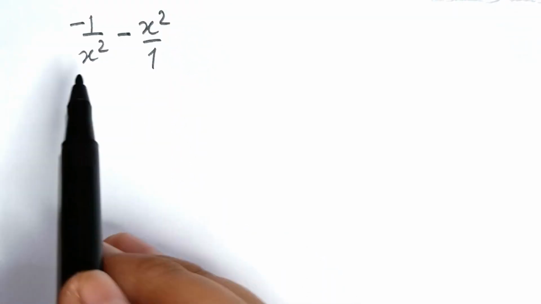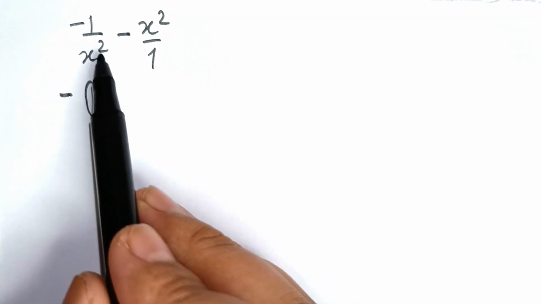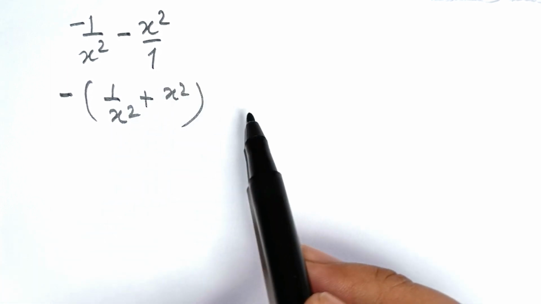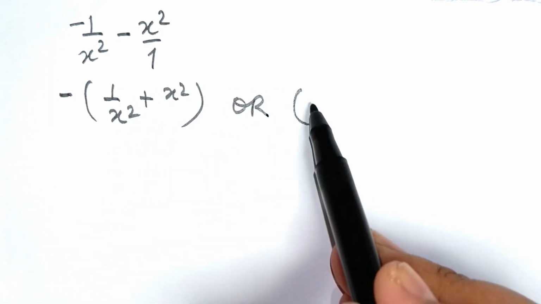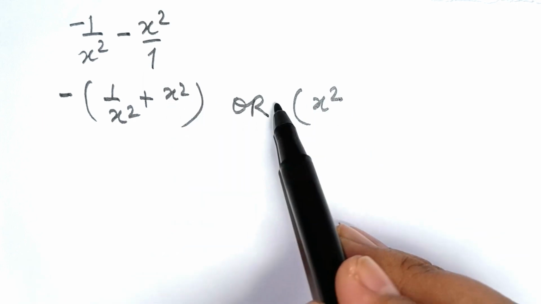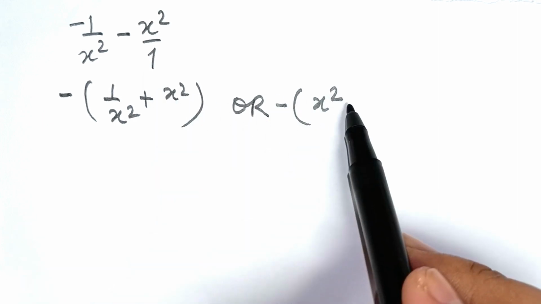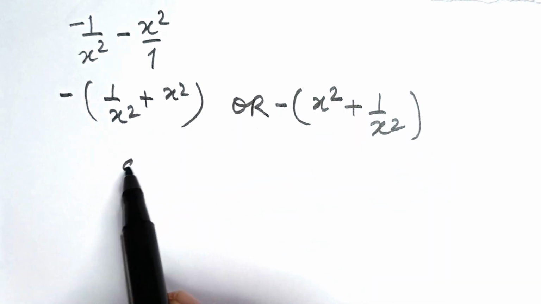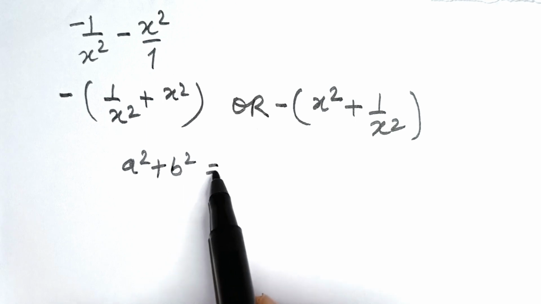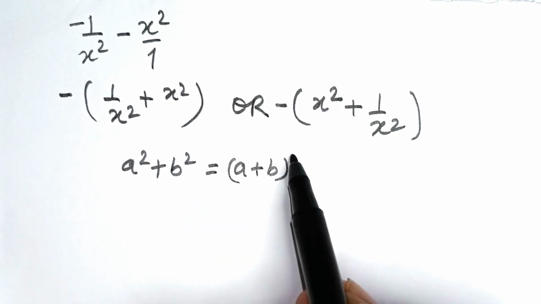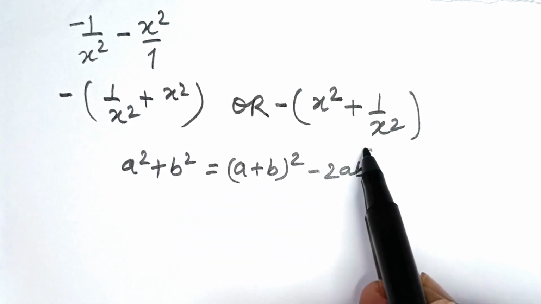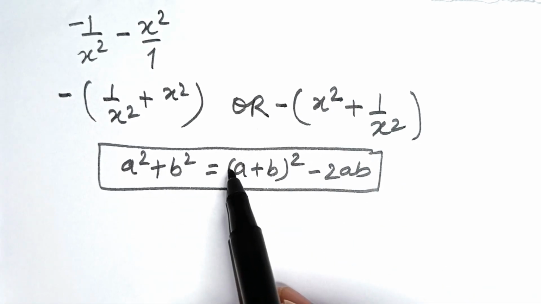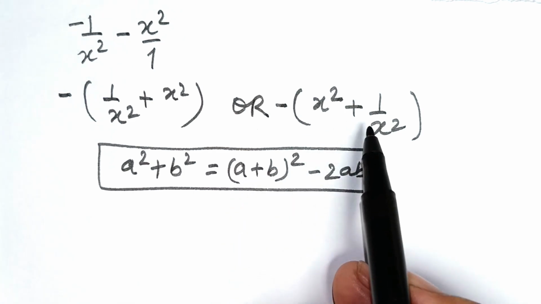Now we will take minus as common, so we will have 1 upon x square plus x square. Interchanging the order, we will have x square plus 1 upon x square. So using the formula a square plus b square, we will have a plus b whole square minus 2ab. So here a is x and b will be 1 upon x.